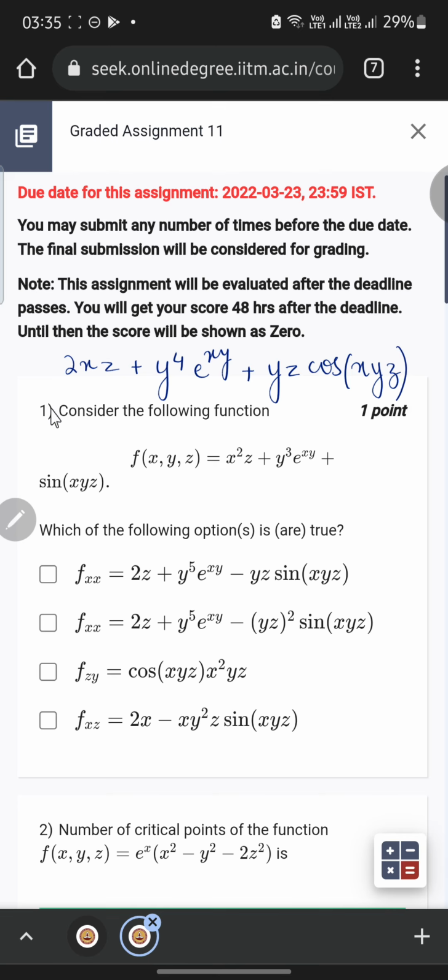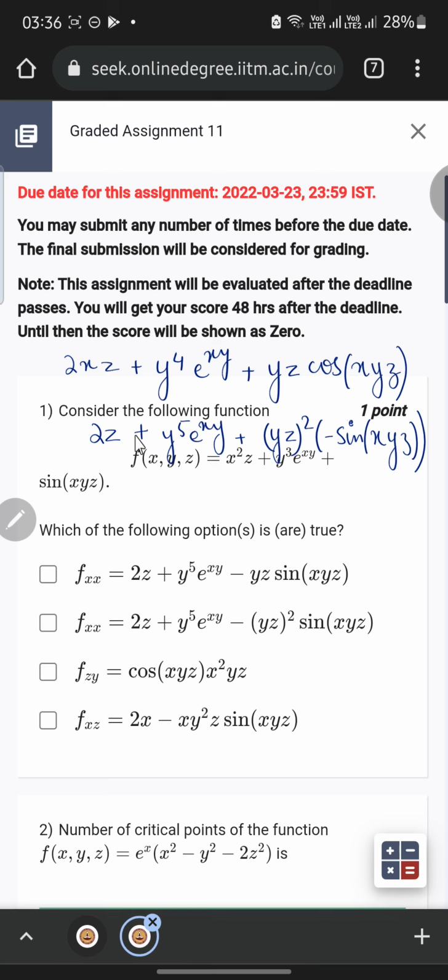Perfect. Now we differentiate this again, so we get 2z from the first term, and from the second term we get y raised to power 5 e raised to power xy. Here, as we are differentiating with respect to x, this would be y z square into the derivative of cos, which is minus sine xyz.